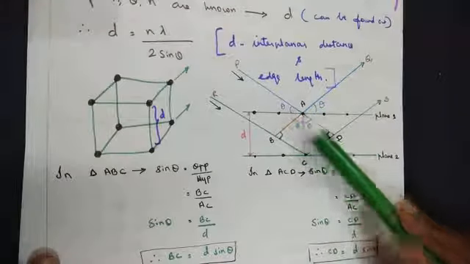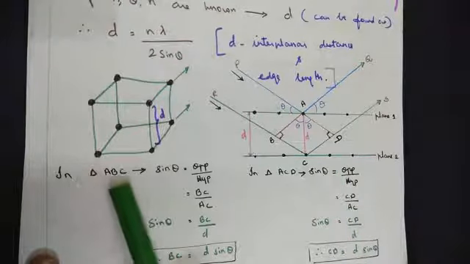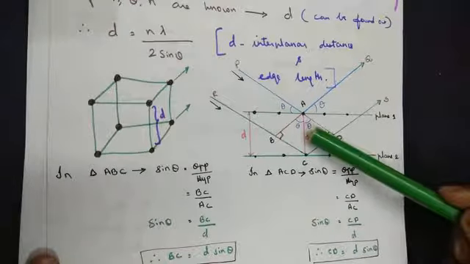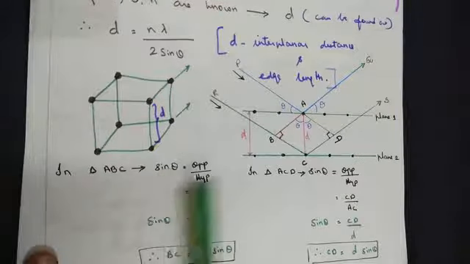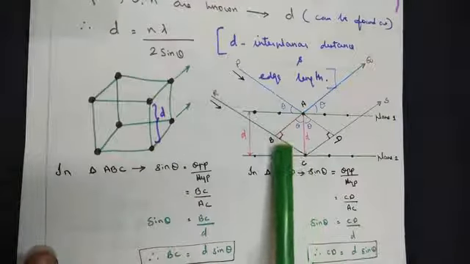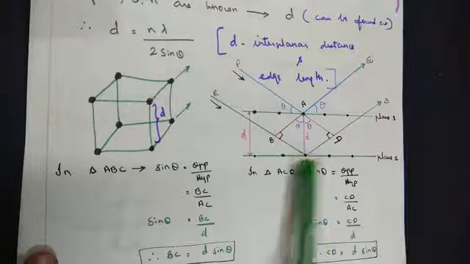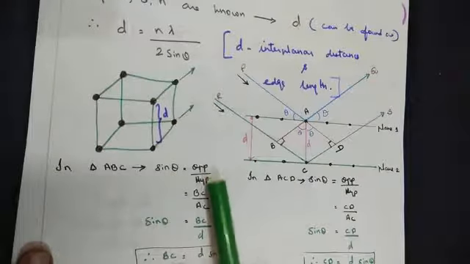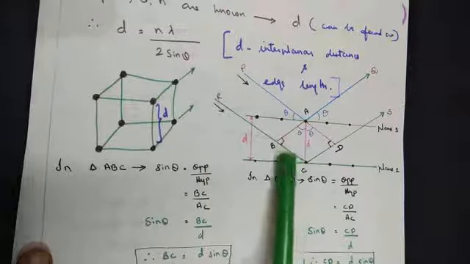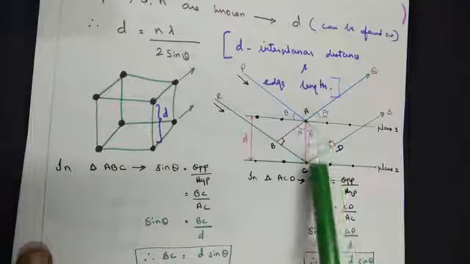To calculate the path difference, see what we have done here. If you look at it as a right-angled triangle, the hypotenuse we know to be D here. Sin theta is equal to opposite by hypotenuse, because our point of interest is knowing the length between B and C and C and D. What is the opposite side? BC. Hypotenuse is AC.